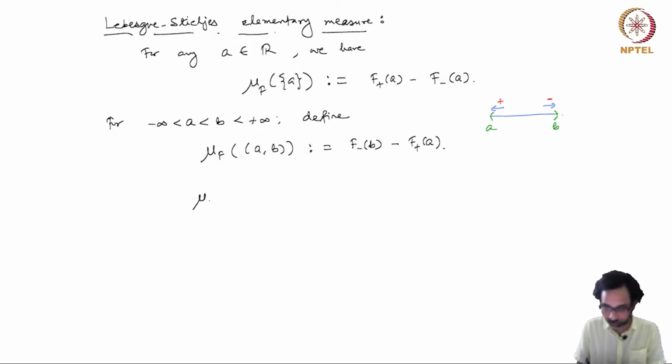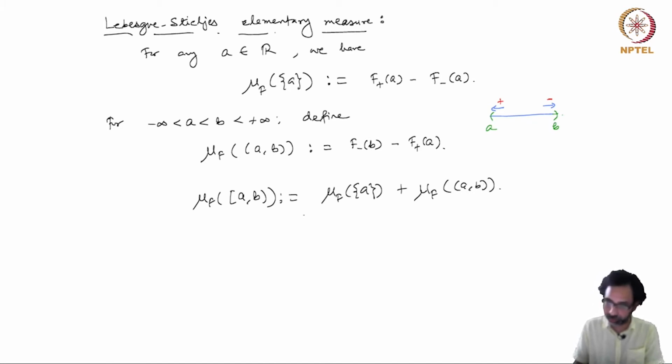So mu f of [a, b) is equal to mu f of {a} plus, again by definition, mu f of (a, b), and this is f plus a minus f minus a plus f minus b minus f plus a.